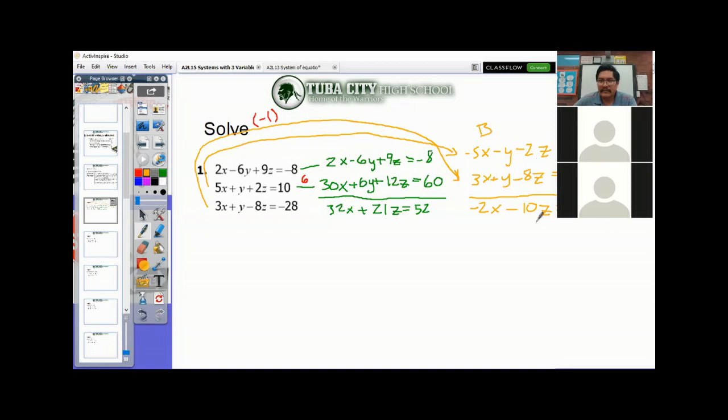So there you go. And double check the math on that one. I'm pretty sure nothing would have gone wrong with that, but you never know. Okay, now I need to combine my A and B together and eliminate one of the other variables. So we eliminated y, now we have to pick either x or z to eliminate next.